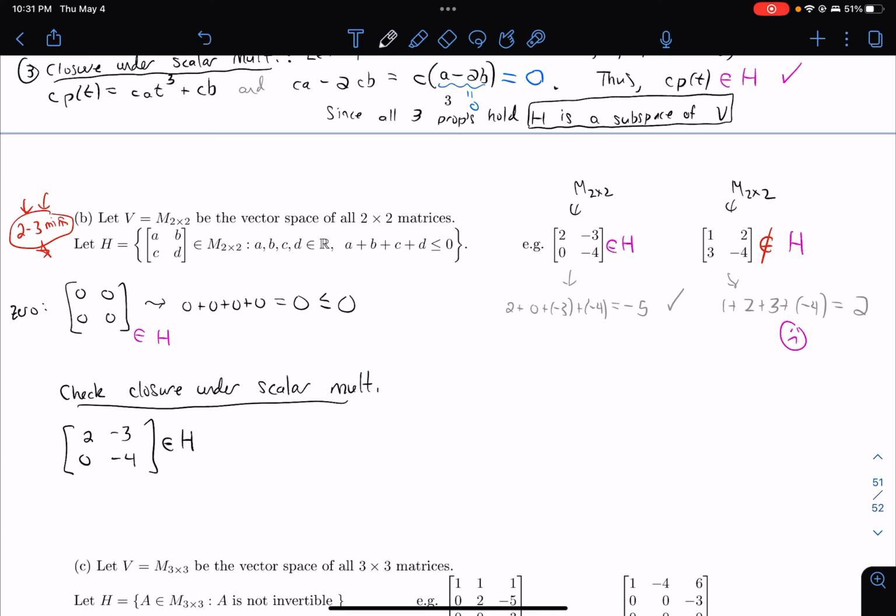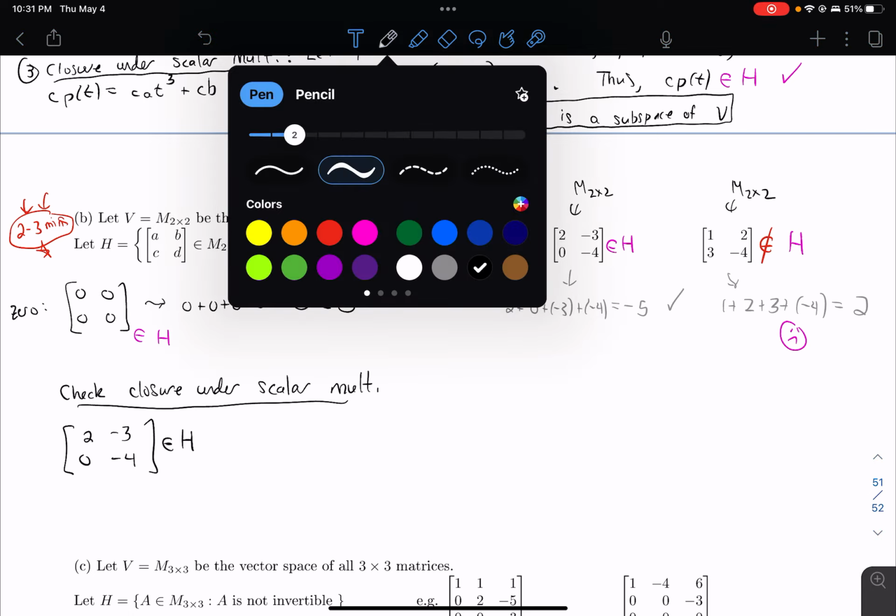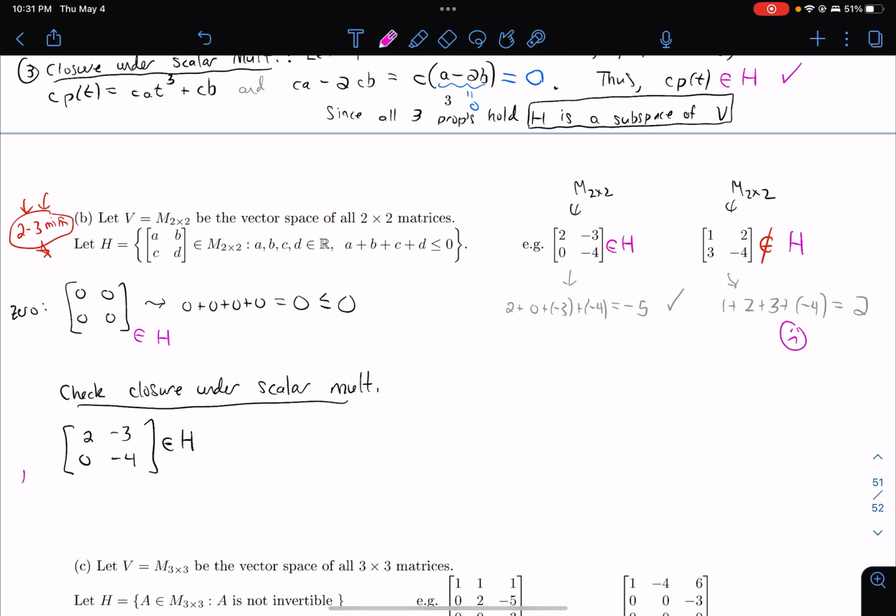Can I multiply this by some scalar so that the end result will not be in H? I want you to pause the video one more time for about 1 minute to think about that if you didn't quite reach an answer earlier. So pause it in 4, 3, 2, 1, pause it and try this.